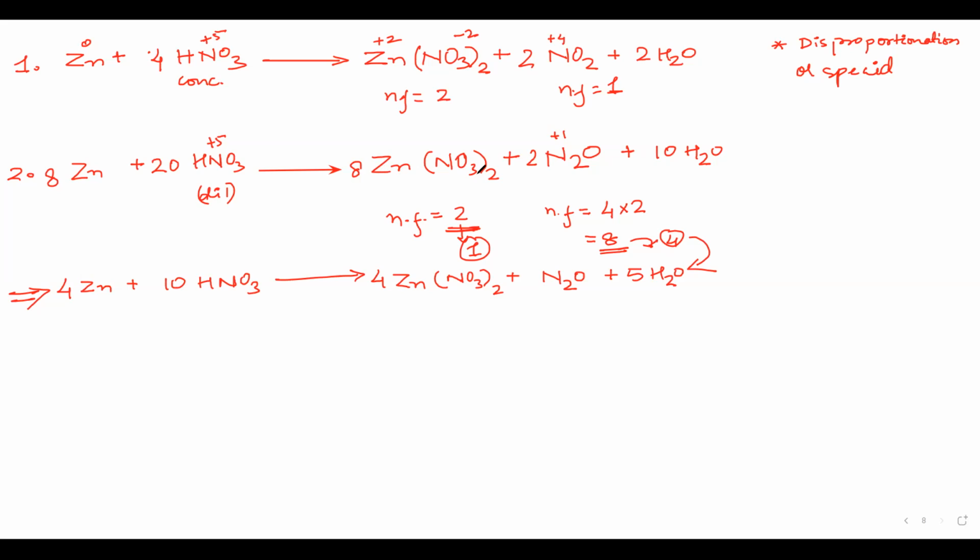And how many Zn(NO3)2 are there? 8. Total here, how many nitrogens? 16. And here, how many nitrogens? 4. So in the product side, there are 20 nitrogens, so I have to write 20 nitrogens here also. Easy? Clear.